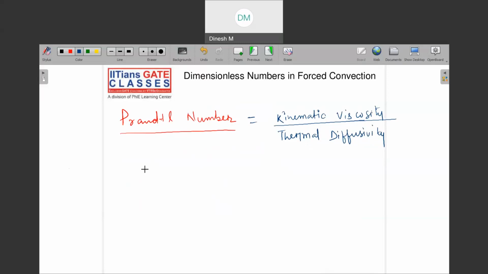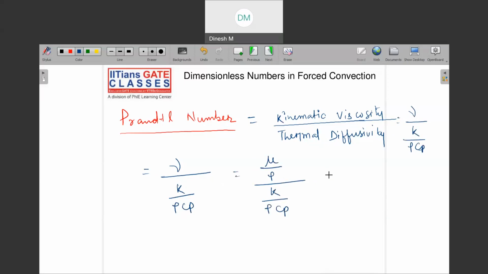So let us try to simplify it first and then we will look at more things further. This is nu, and what was alpha? Thermal diffusivity alpha is K upon rho Cp, right? This we have seen earlier. Nu is nothing but mu upon rho, and alpha is K upon rho Cp.